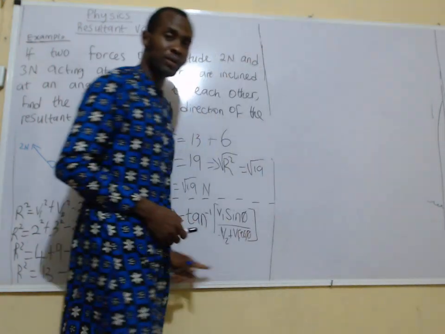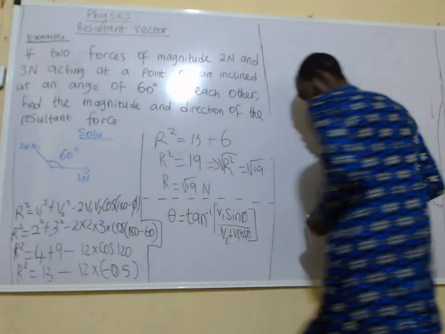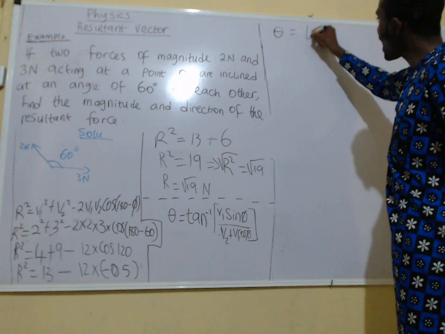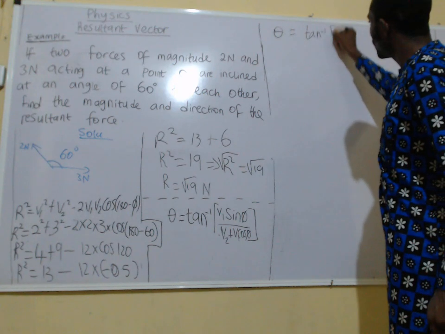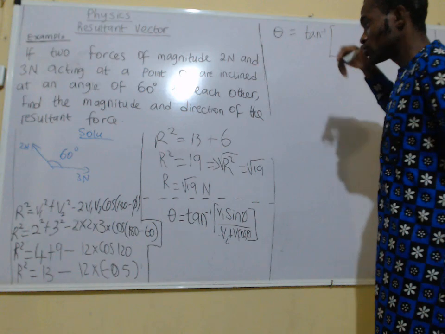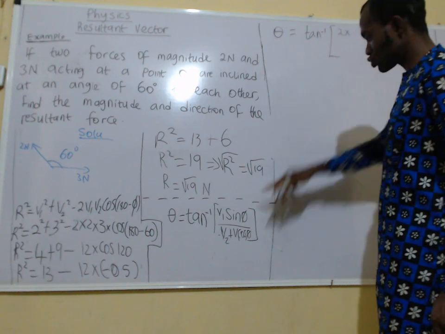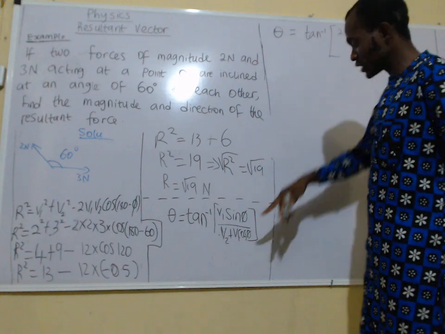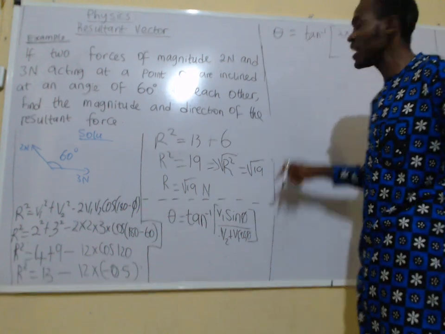Now, from this place, it will lead us to theta is equal to arctan. Our V1 is 2 times sine, and the angle at which the two vectors are inclined is 60. So phi is 60.